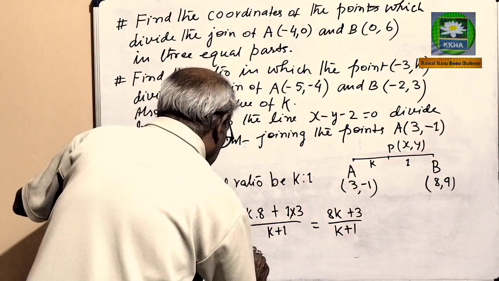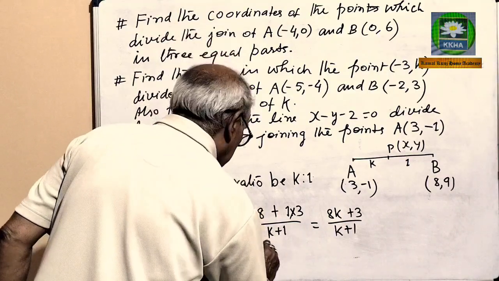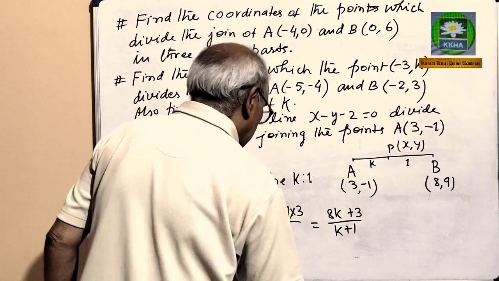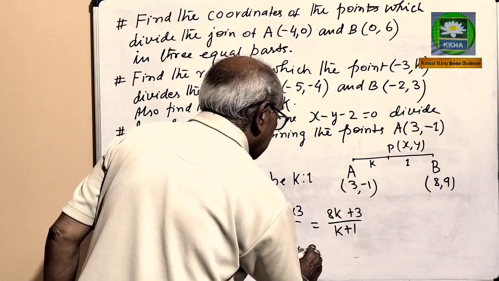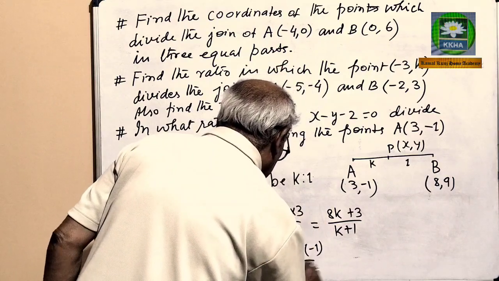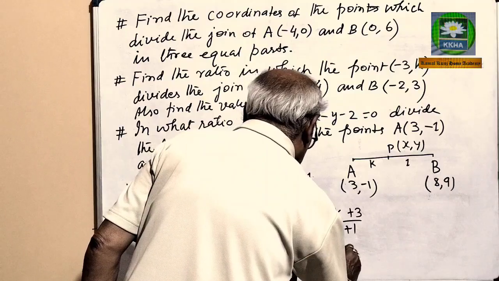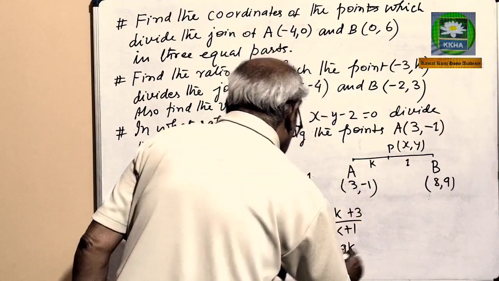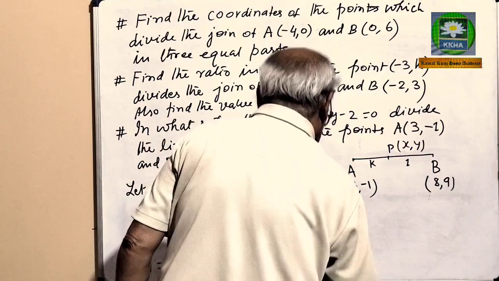Here m is k and y2 is 9 plus 1 into y1 which is minus 1, on k plus 1, is equal to 9k minus 1 on k plus 1.